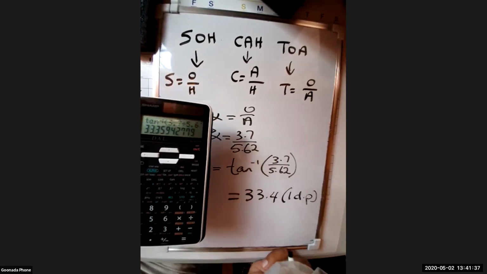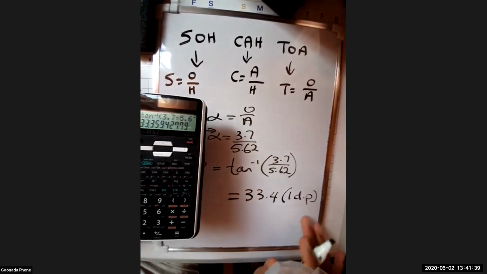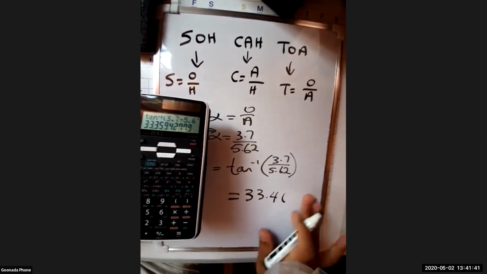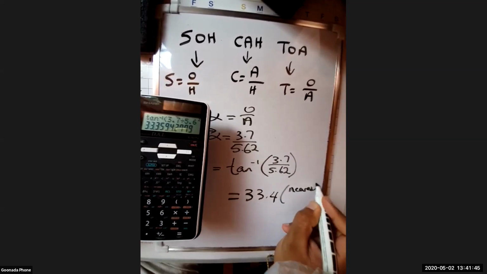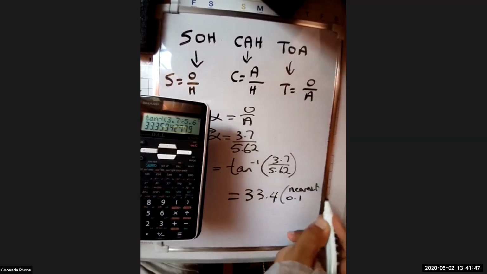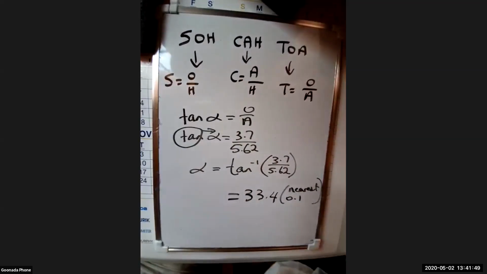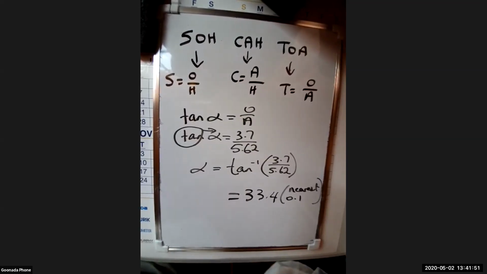Oh wait, no, they said to the nearest 0.1, so the nearest tenth, right? That's 1 over 10. Any questions there, guys?